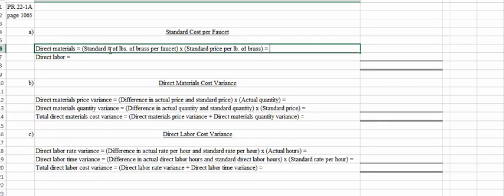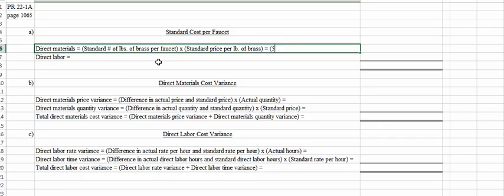Okay, and that's going to be equal to, what do they say? Standard number of pounds of brass per faucet. They just say standard number of pounds of brass. It is per faucet. That's 5 pounds.